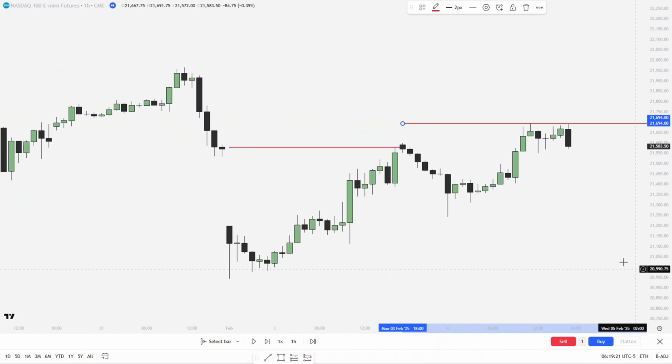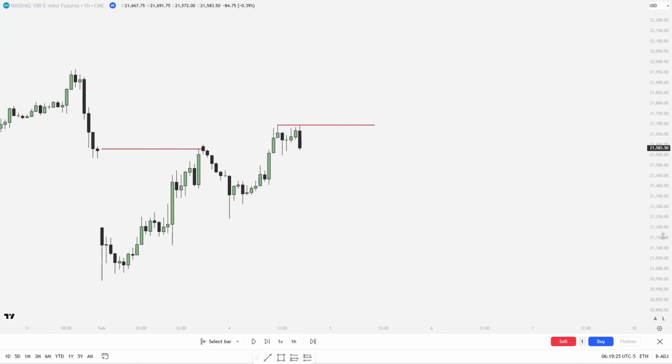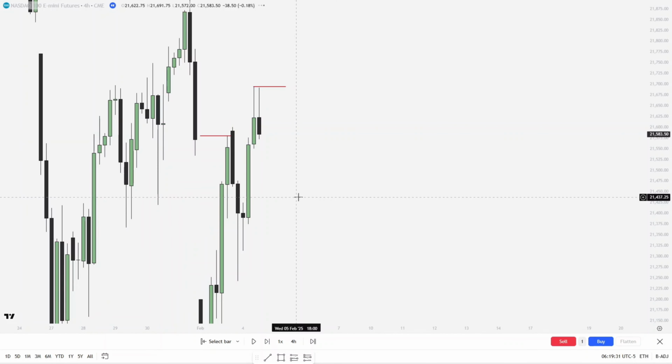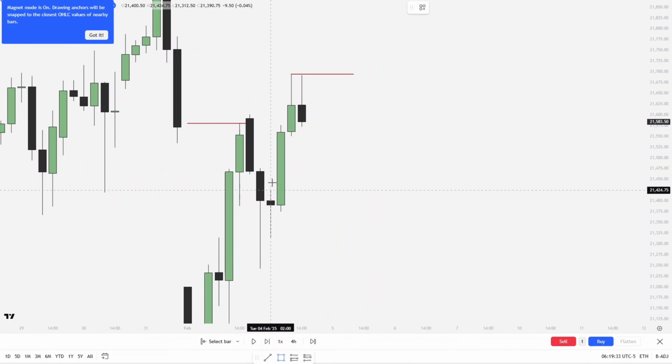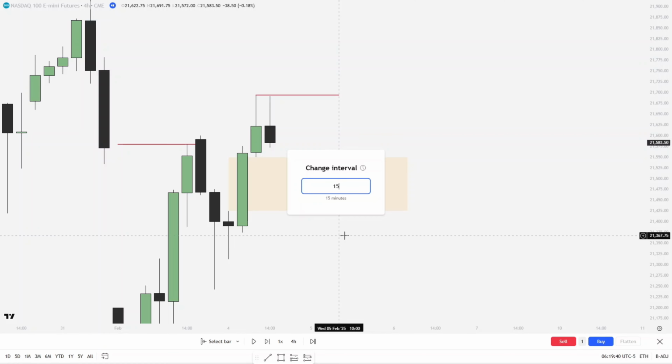You can see we have these nice highs here. So nice range plus the 4-hour fair value, I think. Yeah, this 4-hour fair value gap here. So we'll be targeting the previous day high if we get the open low high close of a day candle.